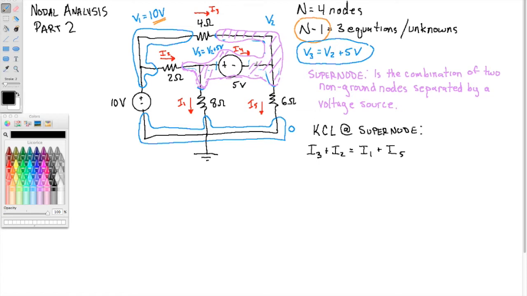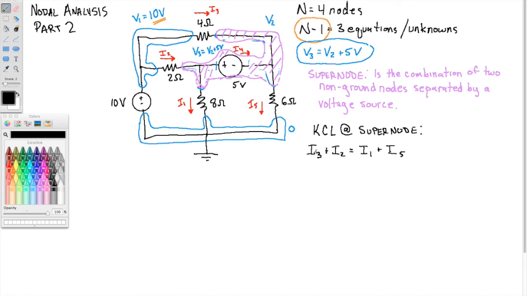Notice now, I4 is no longer in my equation because it got enveloped into the supernode. That's good because I can't write an expression for I4. But I can for these guys.